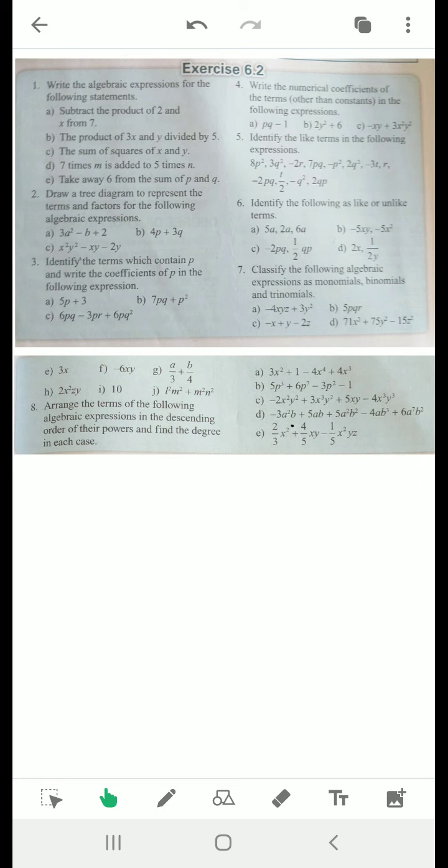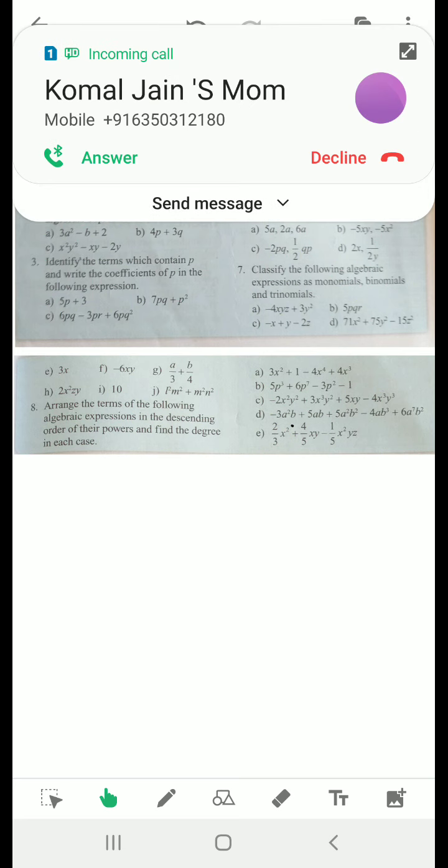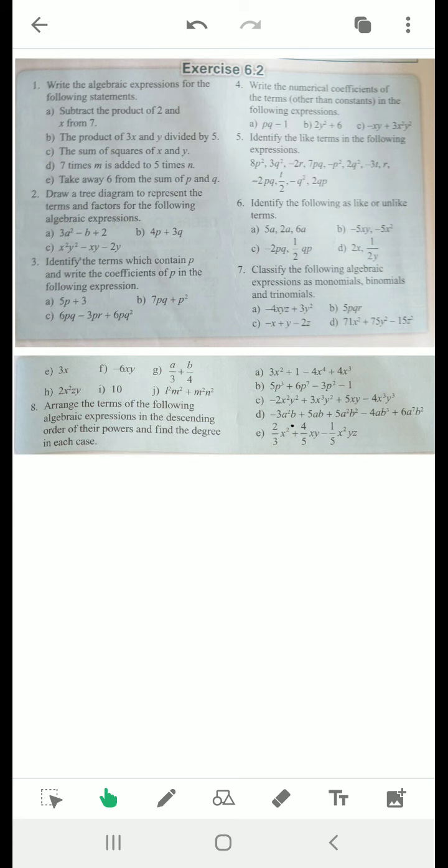In question number 8, arrange the terms of the following algebraic expression in descending order of their powers. Read the question properly. We have to arrange the following algebraic expression in the descending order of their powers, and write the degree in each case.